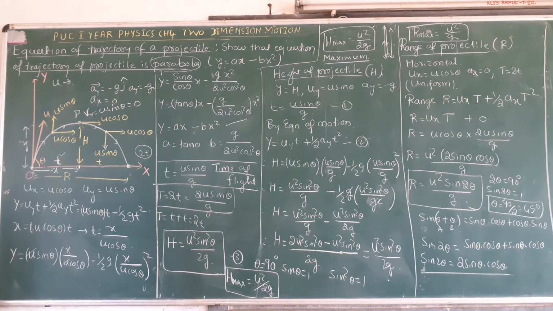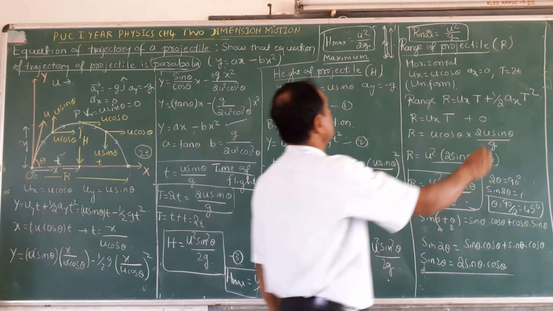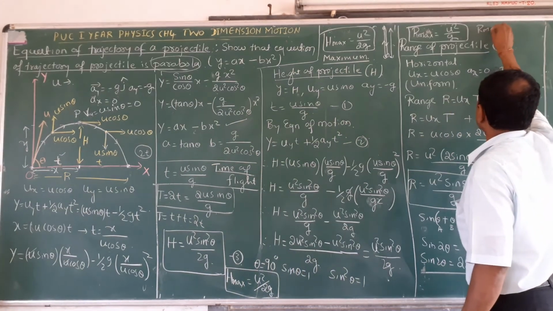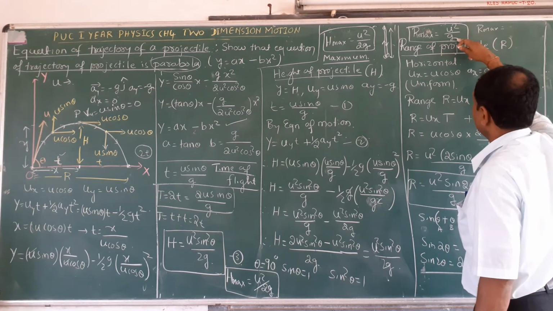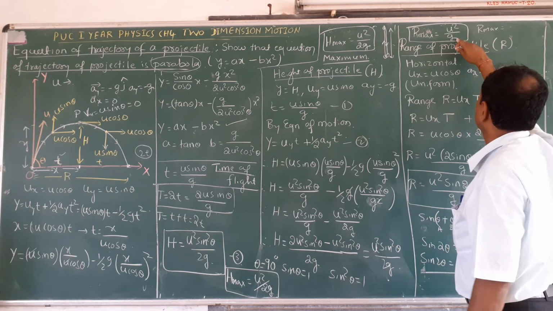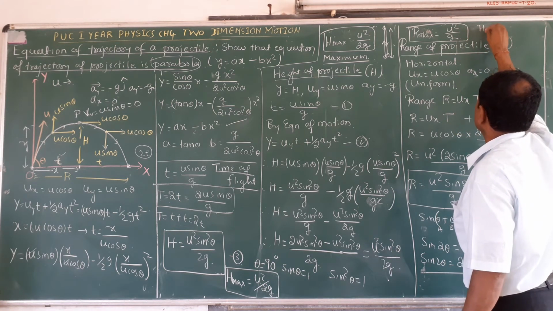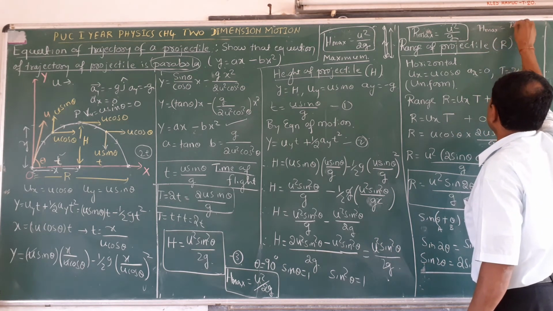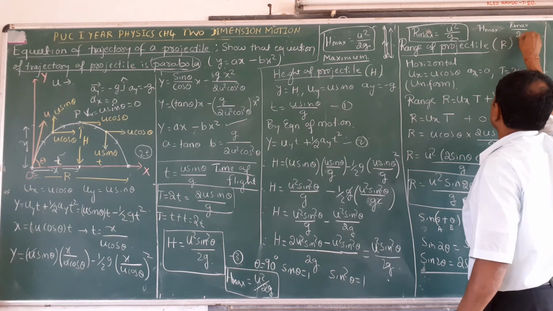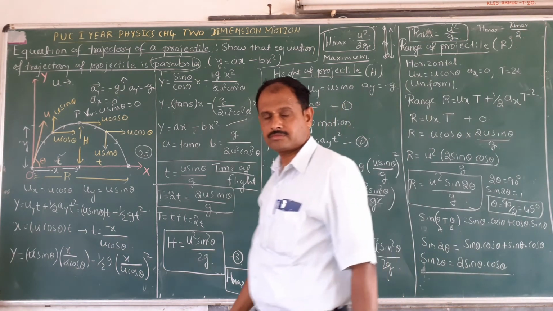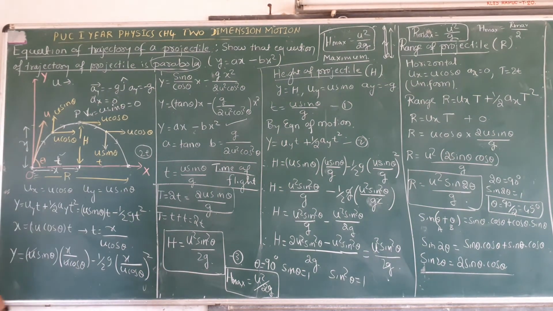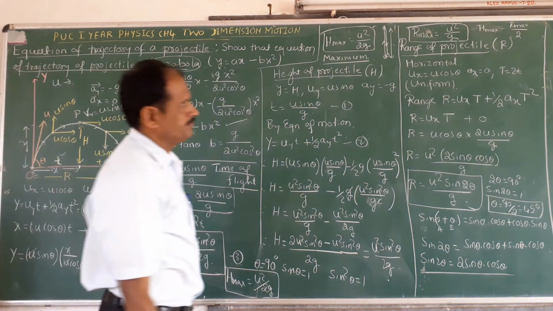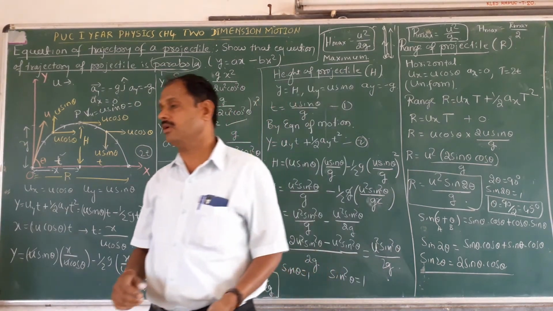For theta equal to 45 degrees, you see here, according to this, Rmax is equal to u square by 2g. Or you said Hmax is equal to Rmax divided by, for the same velocity. So take for the same velocity.